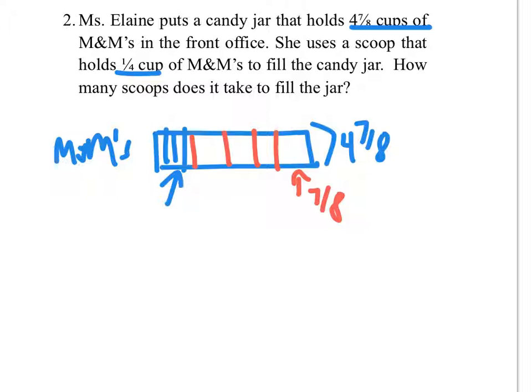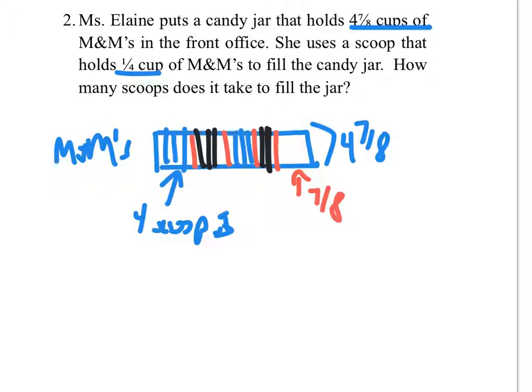From here, I get 4 scoops. From the next one, I get 1, 2, 3, 4 scoops. From the next one, 1, 2, 3, 4 scoops. From the next one, 1, 2, 3, 4. So in other words, from each cup, I get 4 portions.